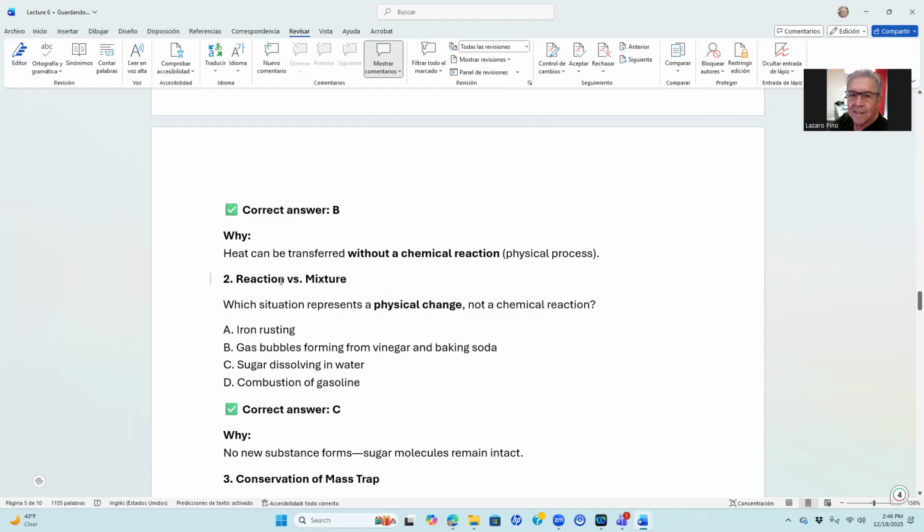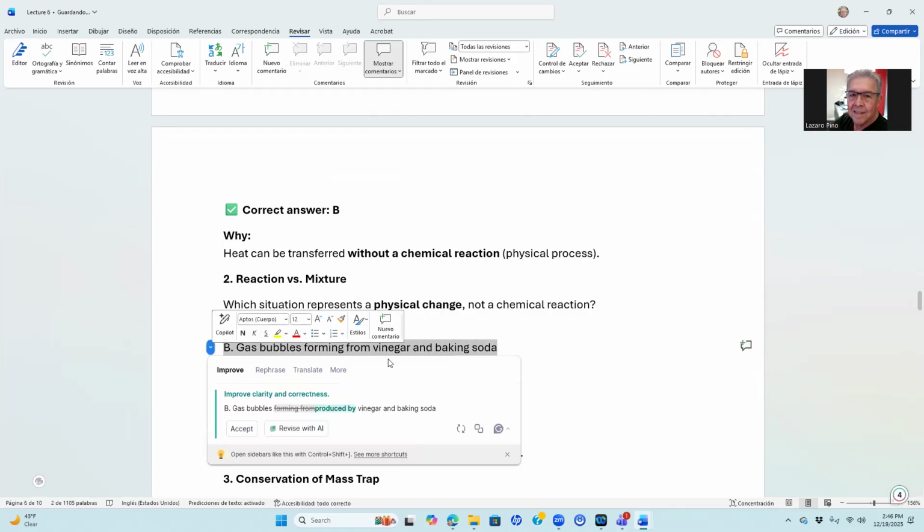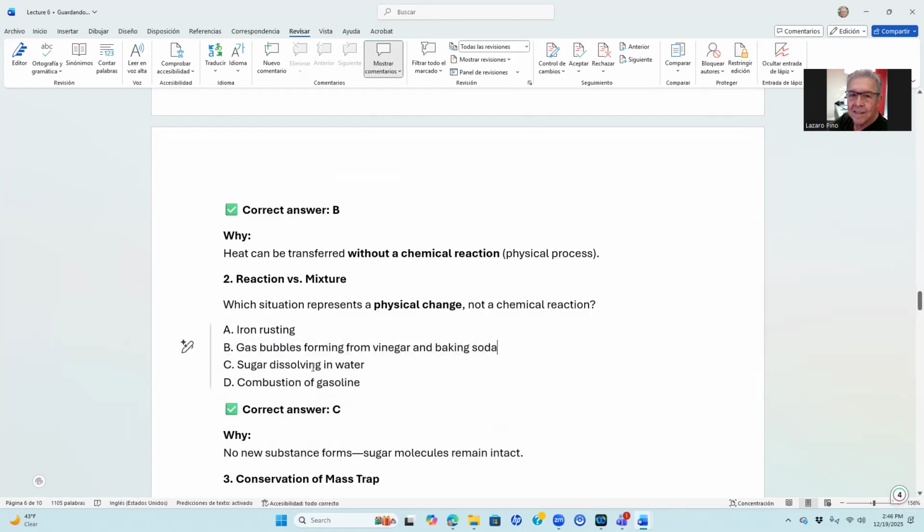Like C, for example, a reaction versus a mixture. Which situation represents physical change, not a chemical reaction? Iron rusting, of course, it is a chemical reaction. Gas bubbles forming from vinegar and baking soda. This is a chemical reaction. Sugar dissolving in water.